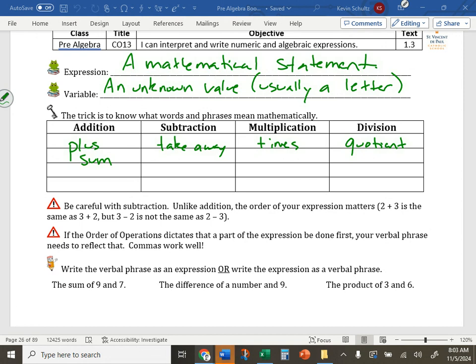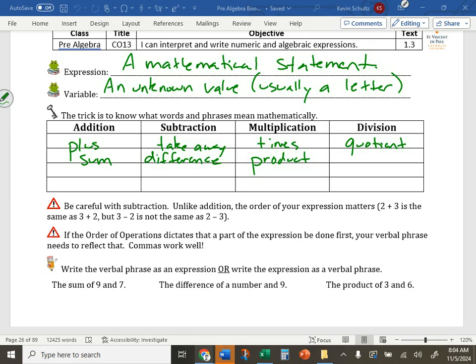For subtract, you could do minus. Okay? Product is the answer to a multiplication expression. But what is the answer to a subtraction expression? Difference. Very good.